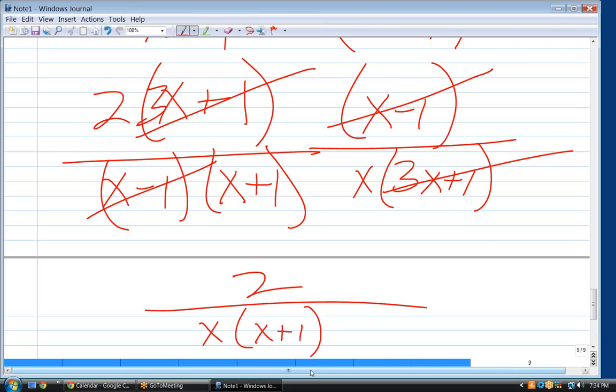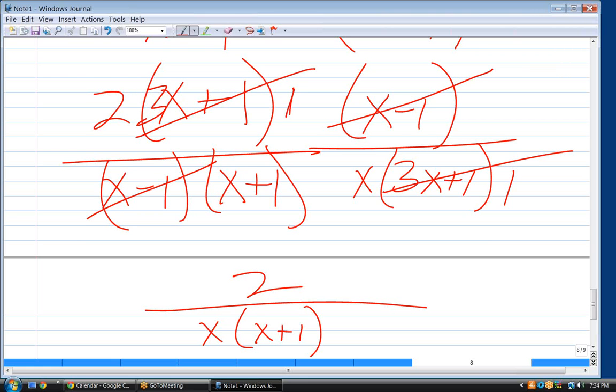And it's worth noting that when I draw a line through there, it's not quite right to say I'm canceling it. I'm replacing it with the number 1. I'm not replacing it with 0, notice. In other words, all I'm doing is dividing top and bottom by 3x plus 1.